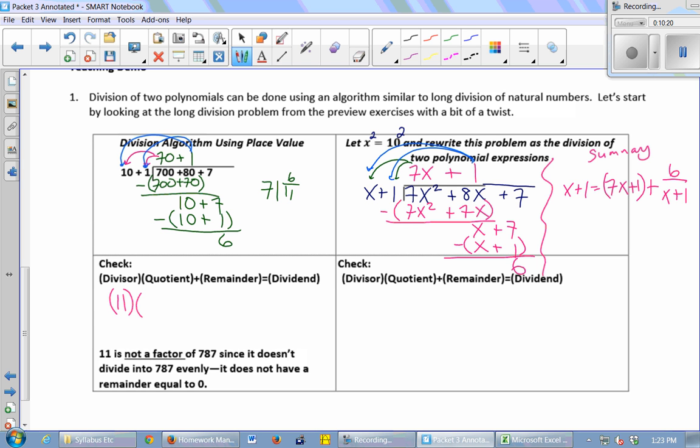The quotient is the answer, right? 71. Plus the remainder 6. That should give me the 787 under the bracket. So 71 times 11 is 781 plus 6 is 787. Check.